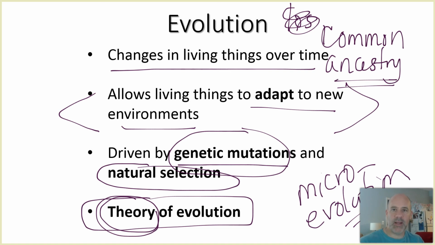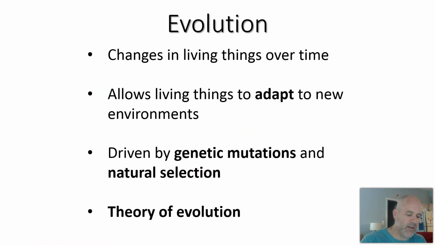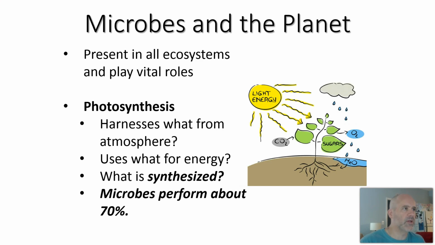So all living things that exist on the planet today, you can trace a family tree backwards in time, backwards billions of years, to a last common ancestor, an ancestral cell, from which all living things that exist today on the planet, whether they're bacteria, fungi, plants, animals, whatever, they all have common ancestry with a single-celled organism that existed on Earth billions of years ago. So if you hear about common descent or common ancestry, that's what that's referring to.